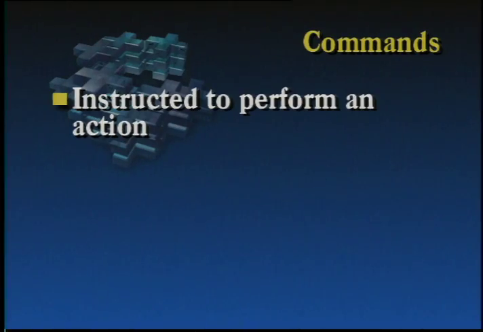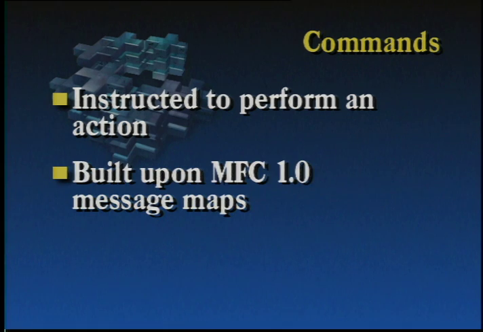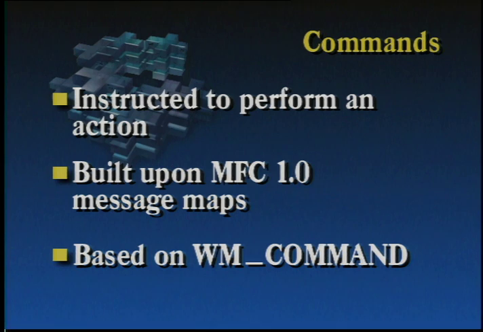Another important architectural notion is the notion of a command. Command is an instruction, usually from the user, to perform a specific action on an object. We've layered this on top of our MFC 1.0 message map architecture and layered it also on top of the Windows WM command message. We've made it possible to implement the command in any given class.